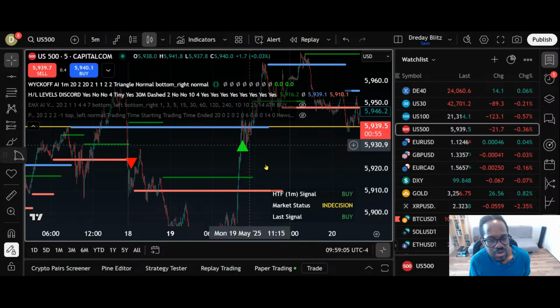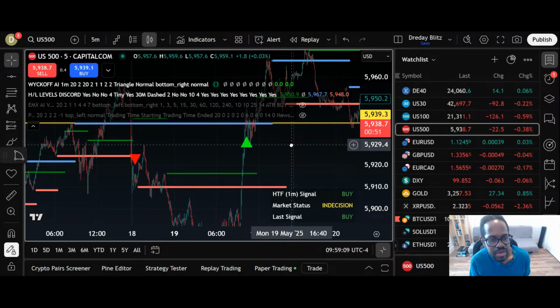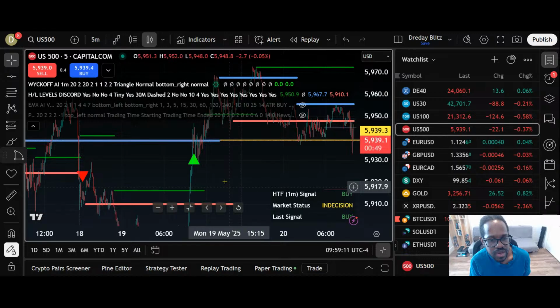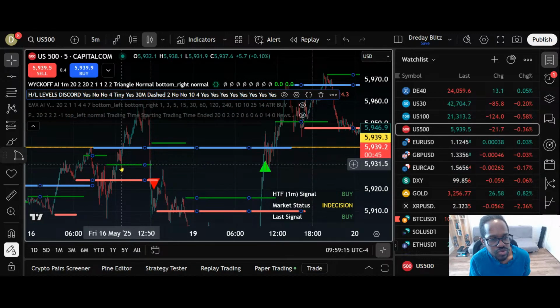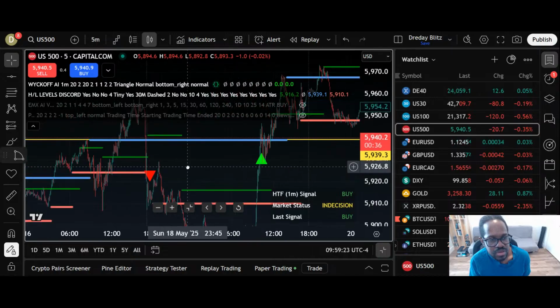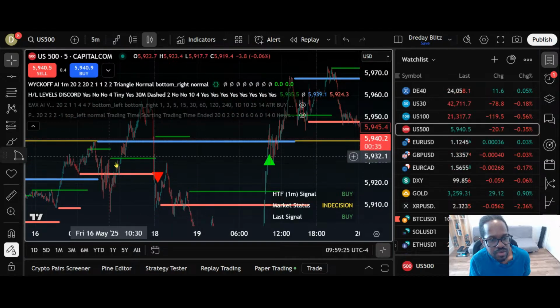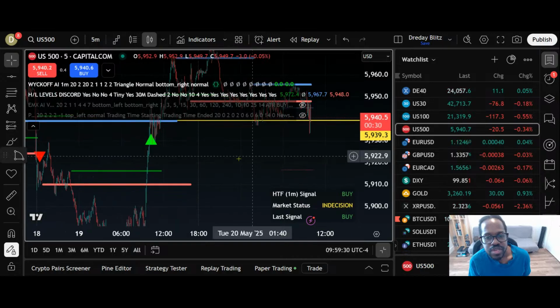So it should go and reach lower levels here because we do have a fair value gap here. So the next point of interest will be this one here, that previous support when the price went here and started to go up. So that'll be another level, and we have other lower levels on the 5-minute to be reached.